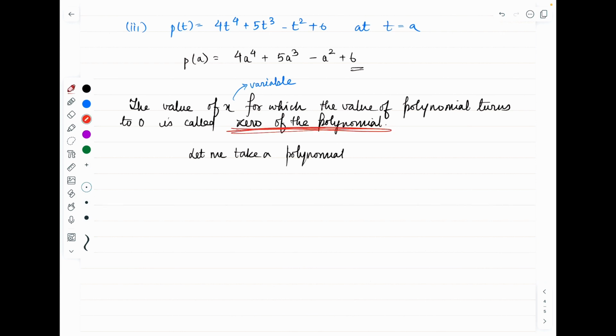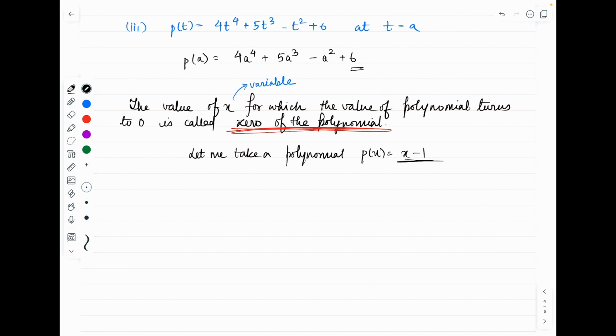This is the zero of the polynomial. Let me take a polynomial, P of x equals x minus 1. We want to find the value of x for which the value of p of x will become 0.